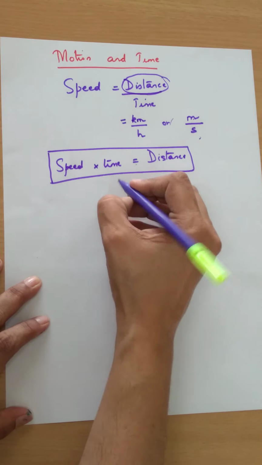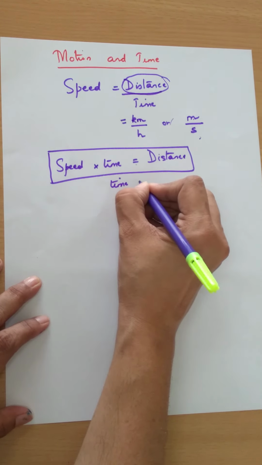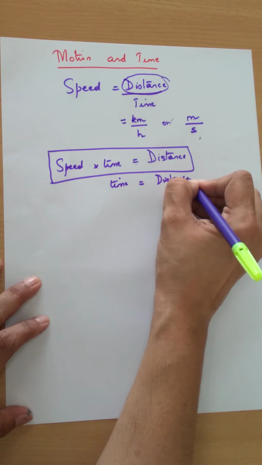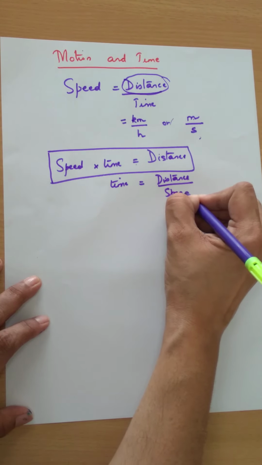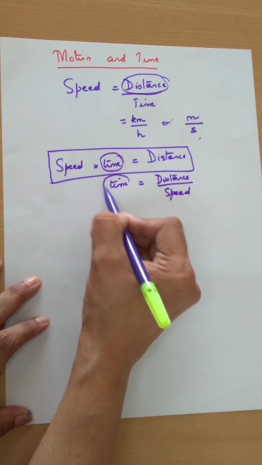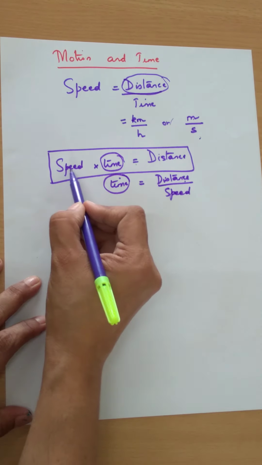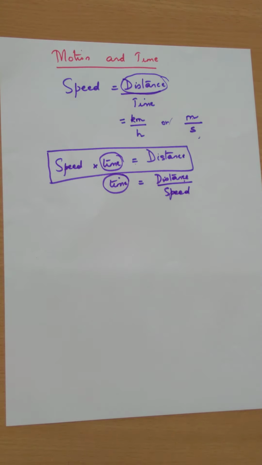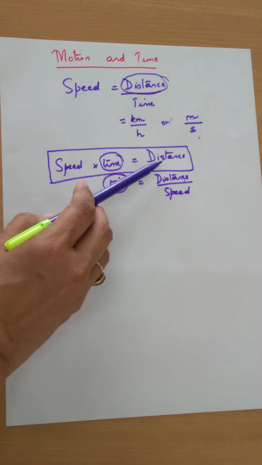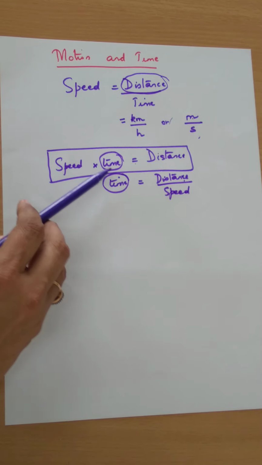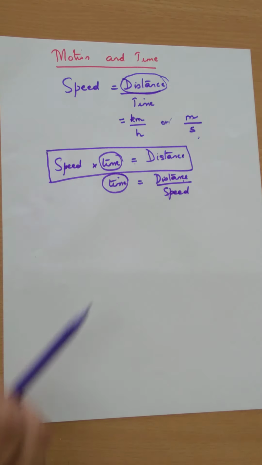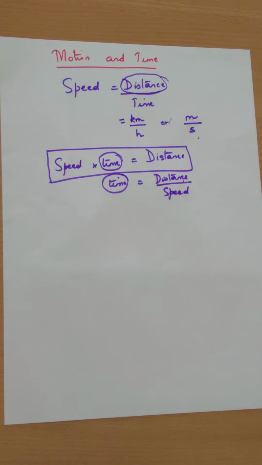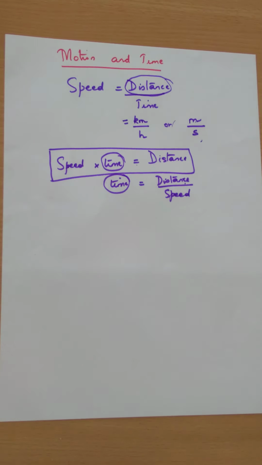From here we can also say that time is distance divided by speed. You keep time here, distance here, and when you take this speed to the other side, it becomes divided by. So we have three formulae from one common one: speed is distance upon time, distance is speed multiplied by time, and time is distance divided by speed. Is that clear? Now we are going to use these formulae to solve the sums.